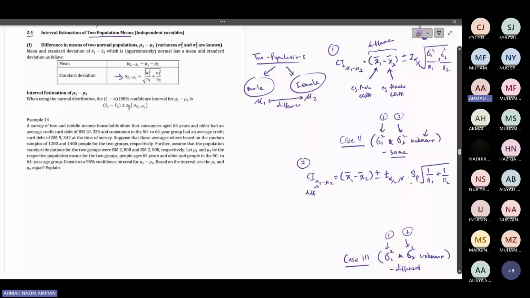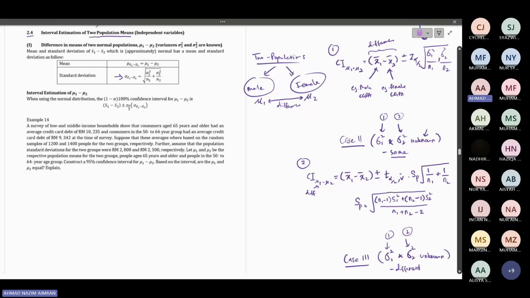The pooled standard deviation can be found using this formula: n1 minus 1 times the variance of the sample for population number 1, plus n2 minus 1 times the variance of the sample for population number 2, over n1 plus n2 minus 2.